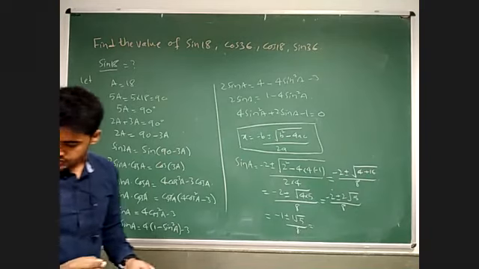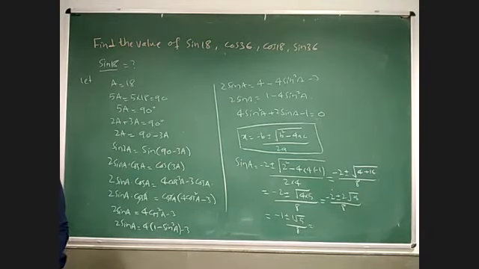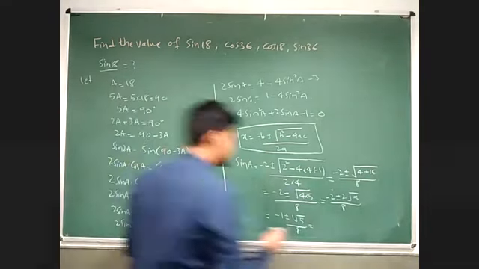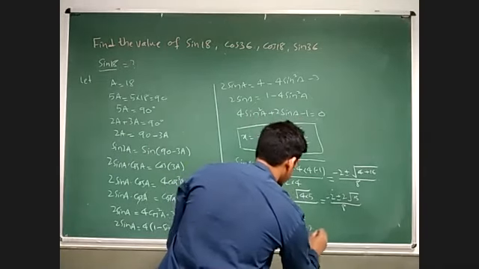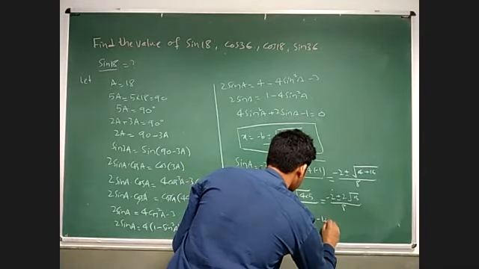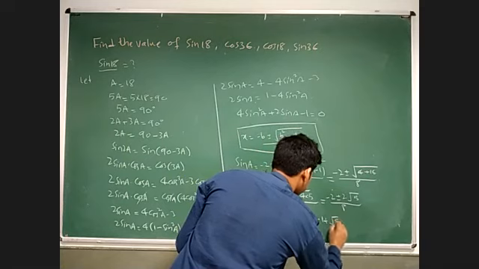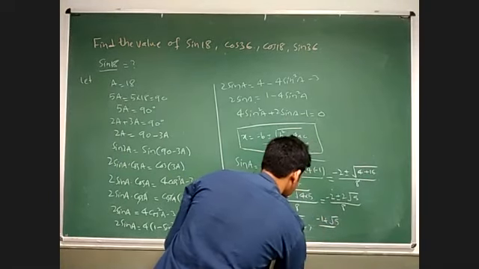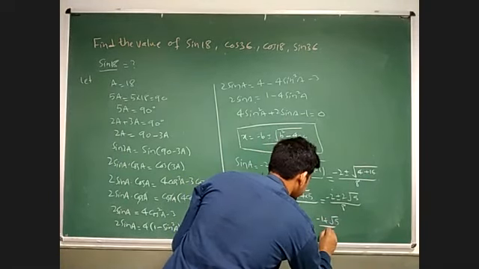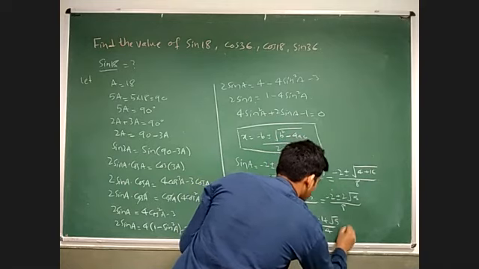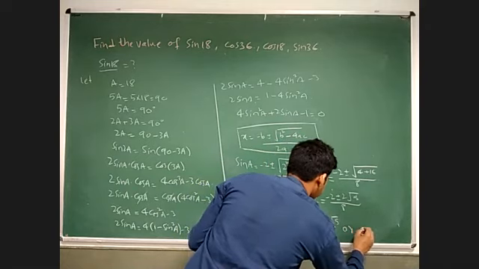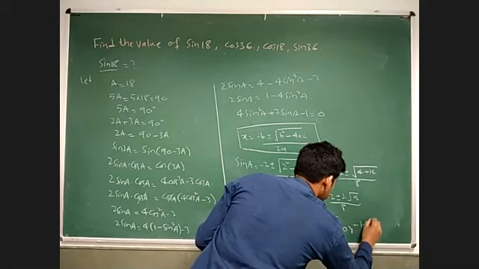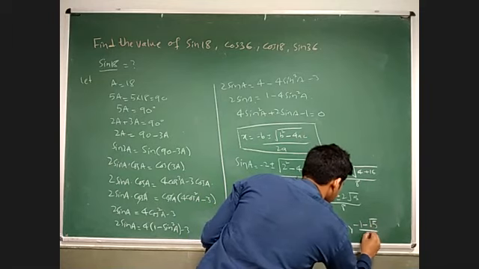That means two values are coming: either minus 1 plus root 5 by 4, or minus 1 minus root 5 by 4.